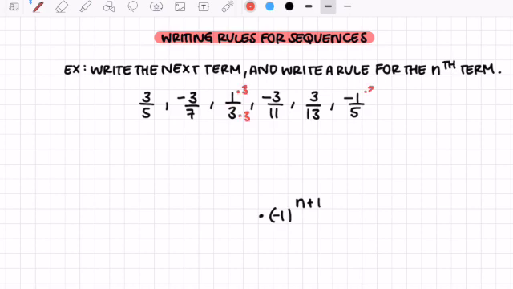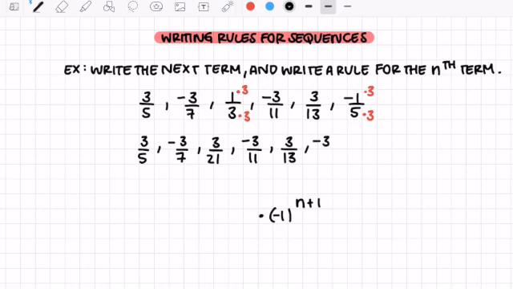That way we have something more consistent, at least on the top of the number. So we get 3 over 5, negative 3 over 7, then we have 3 over 9, negative 3 over 11, 3 over 13, negative 3 over 15.